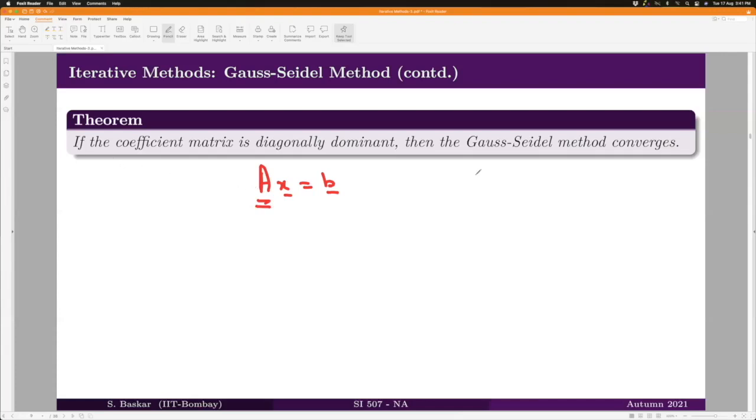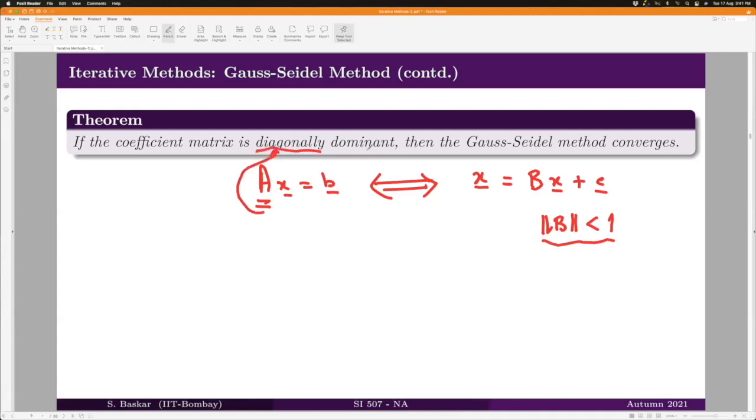See, generally students get confused with this form. This is also written in the form Bx plus C, right? And we always want this B to be less than 1 in its norm. That is guaranteed when A is diagonally dominant.